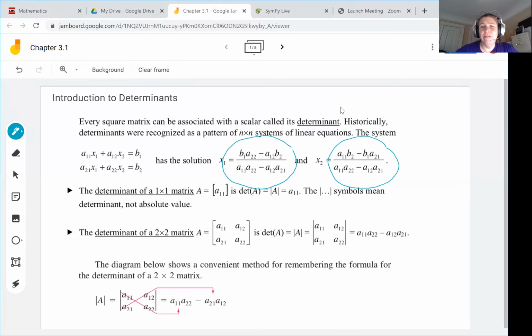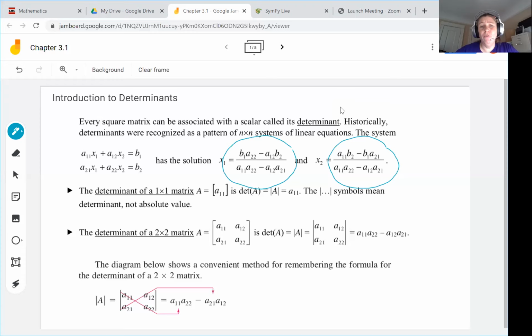So using this solution is how we arrive at the determinant. You can see these calculations are based on what we might get if we multiply along diagonals, which you'll see for the 2x2 matrix is how we calculate the determinant.